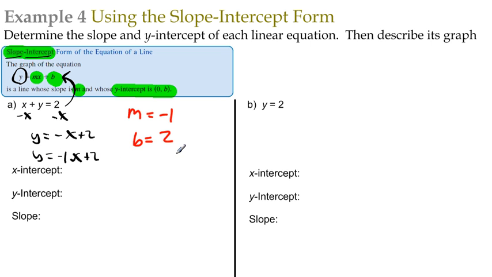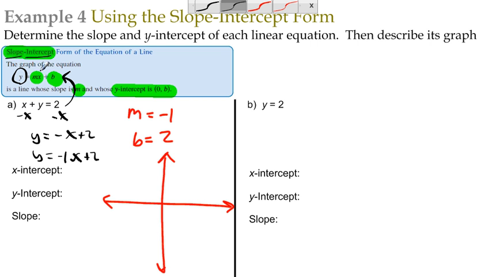So let's quickly graph this, and this is going to be really nice, because graphing things in slope-intercept form is chill. The last number stands for your y-intercept, so just go to (0, 2) and put a dot right there. Then this number gives us our slope.